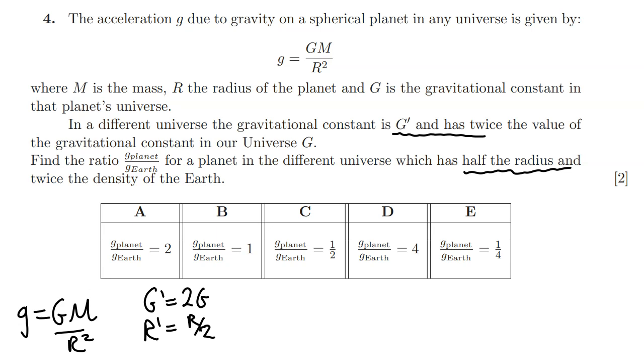And let's be consistent with the question just to make our lives easier. And the other bit of information we have is the planet has twice the density of Earth. So let's say rho dash equals 2 rho. Okay, what else do we know?